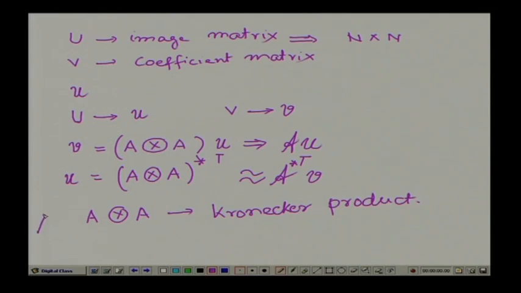And the matrix script A, which is equal to the Kronecker product of the two matrices A and A, is also a unitary matrix.